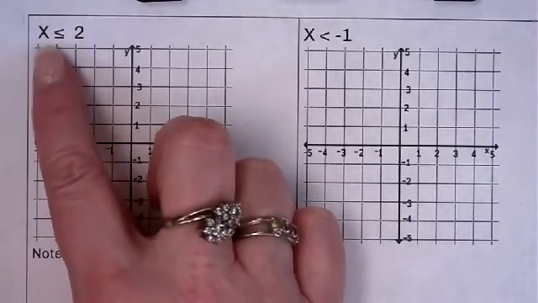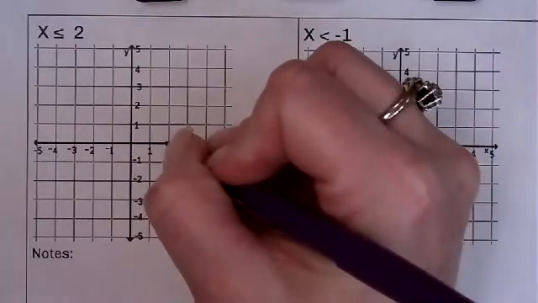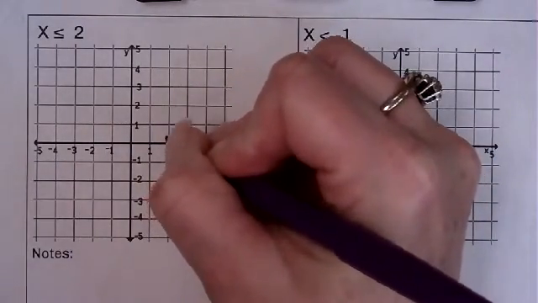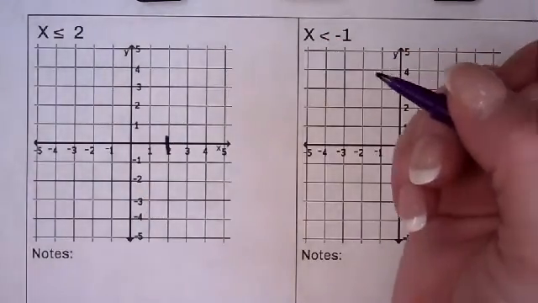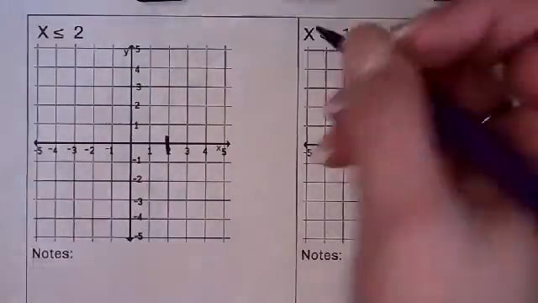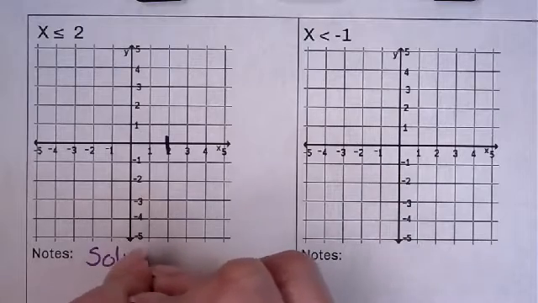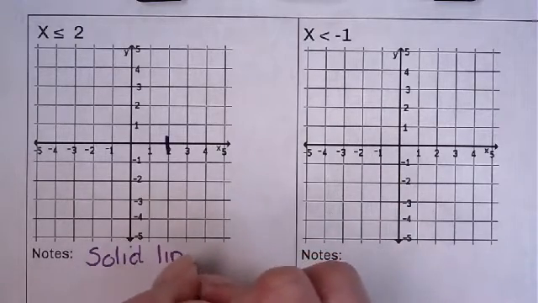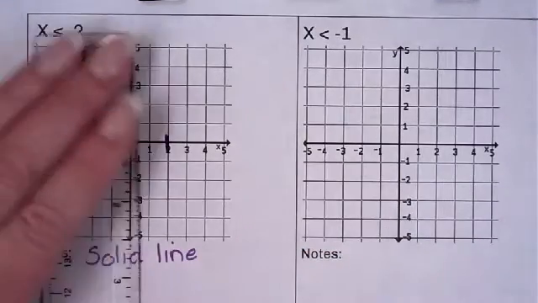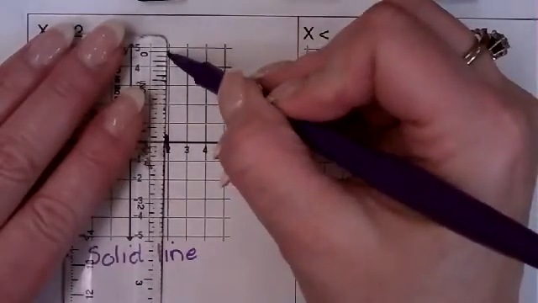So right here where I have x is less than or equal to 2, I'm going to go to 2 on the x-axis right there, and I'm going to lay this down. It has an equal to part, so just like before, we know our line is going to be solid. Lay this down.